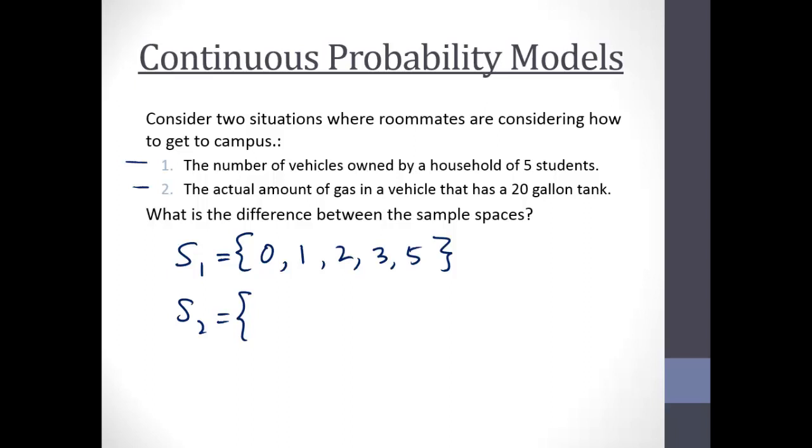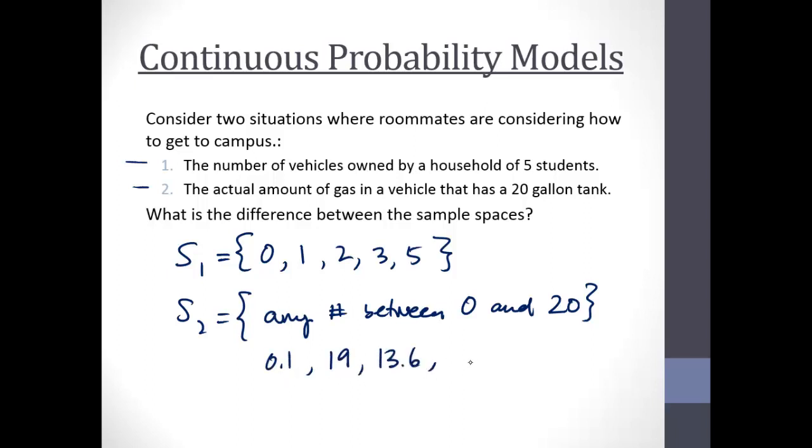Yeah, exactly. So this is any number between 0 and 20. So this would be things like 0.1, I could have 19, 13.6, I could have 3 times the square root of 2, I could have lots of things like that. So whatever, I could have any number between 0 and 20 for the amount of gas that I have in my car.